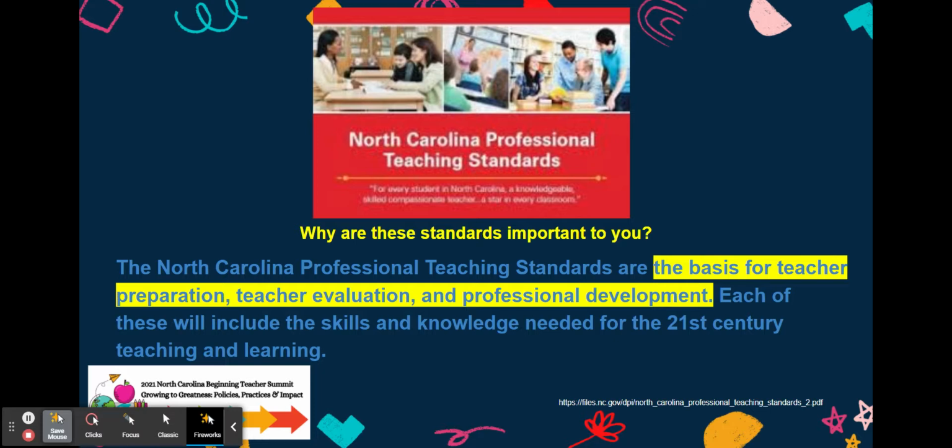When we think about the triangulation theory, we must consider how each standard contributes to the success of each component of the triangle. And so the basis of the standards are pretty much just for teacher preparation, teacher evaluation, and professional development as we strive to be 21st century teachers and learners.